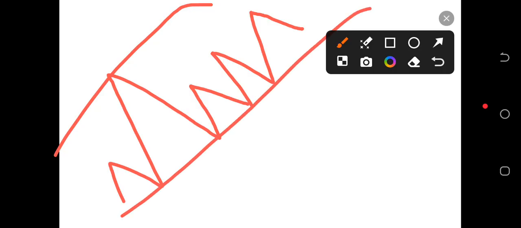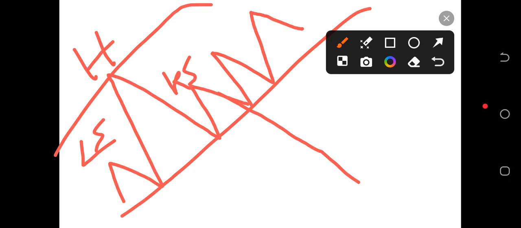Now where is our head? This is our head, H. This is the left shoulder. This is the right shoulder, the first one here. Now if the market breaks out of this channel like this, this is the breakout from this area, you can expect the market to go down, like sellers will push the market lower.